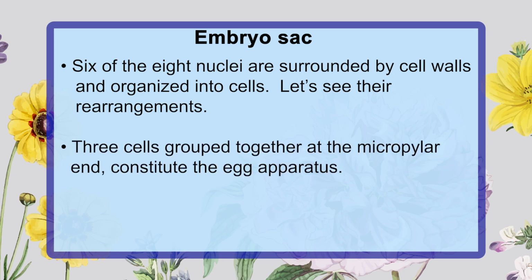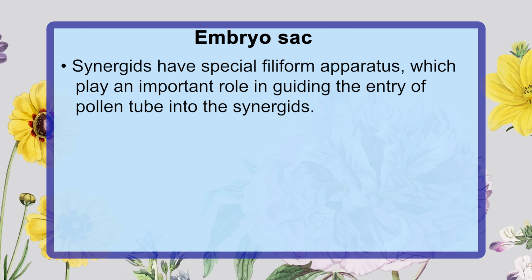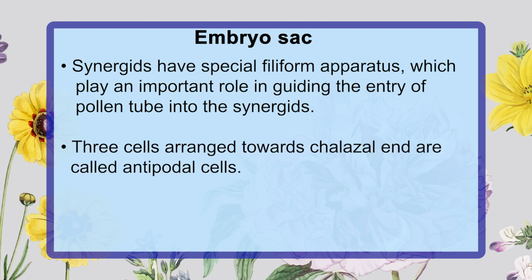3 cells grouped together at the micropylar end constitute the egg apparatus. Egg apparatus consists of 2 synergids and 1 egg cell. Synergids have special filiform apparatus which play an important role in guiding the entry of pollen tube into the synergids. 3 cells arranged towards chalazal end are called antipodal cells.